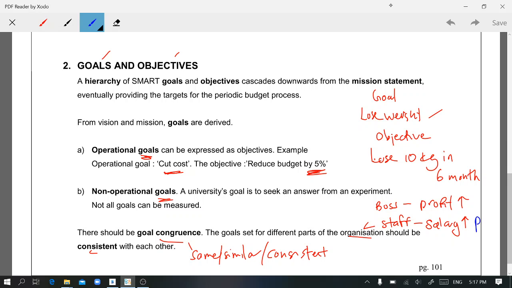If it's high salary, it means profit will go down. Can you see? The boss's goal is to increase profit, but your goal is to increase salary. If the company increases salary, it results in lower profit. You and your boss have two different goals. So the company must set a goal which is same, similar and consistent throughout the company. Everybody tries to achieve the same goal. This is called goal congruence.